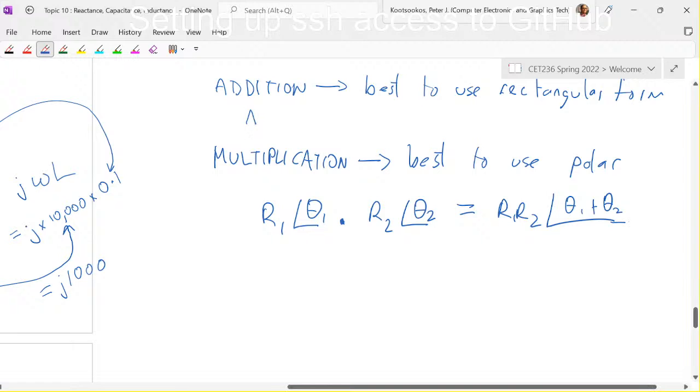And if we have A plus jB, let's go A1 plus jB1 plus A2 plus jB2, then that's just A1 plus A2 plus j(B1 plus B2).